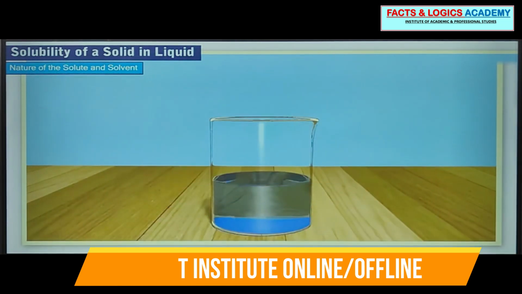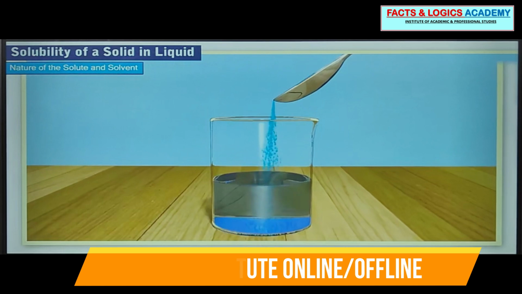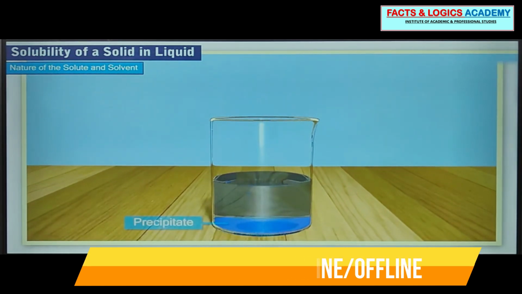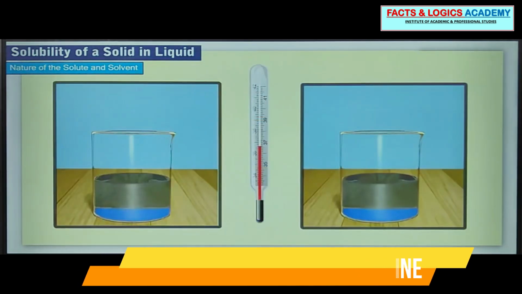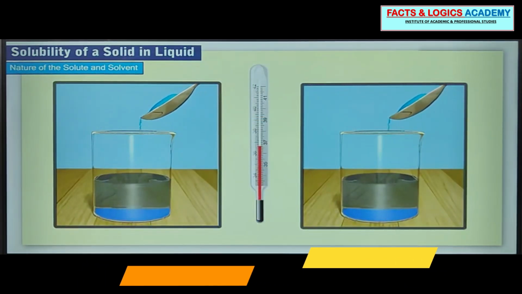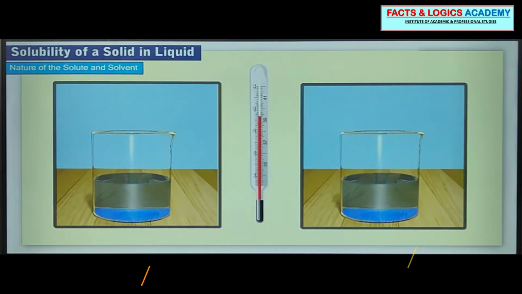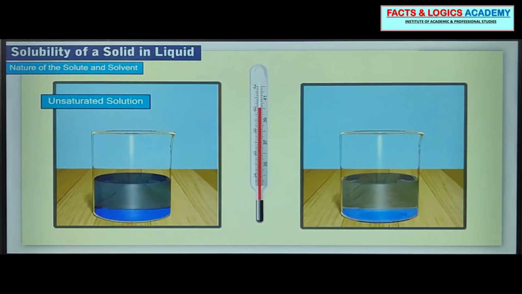If any more solute is added in this saturated solution, it gets separated out and the process is called precipitation. On the other hand, a solution in which more solute can be dissolved at a specific temperature is called an unsaturated solution.